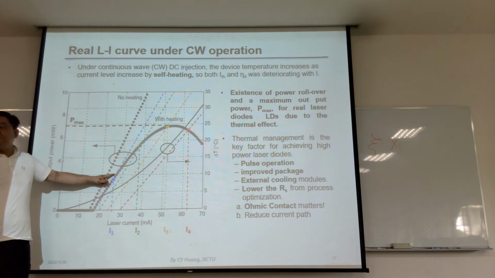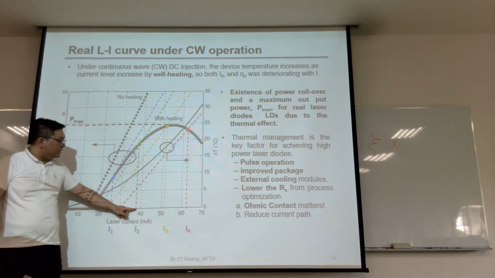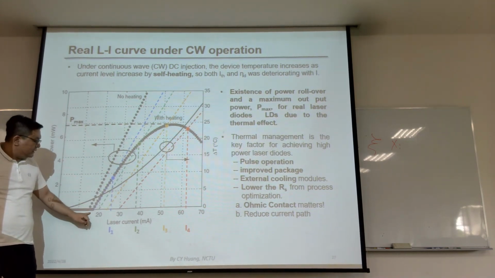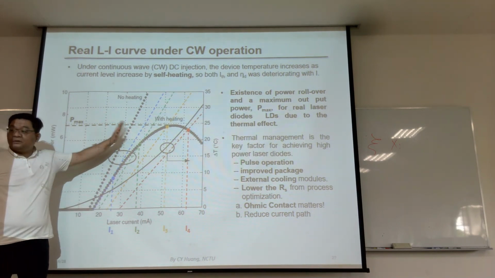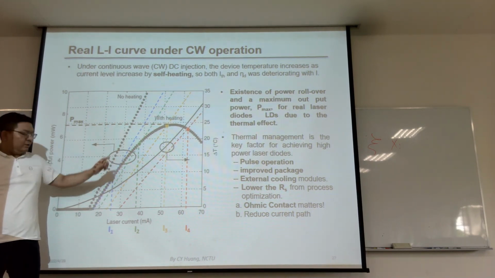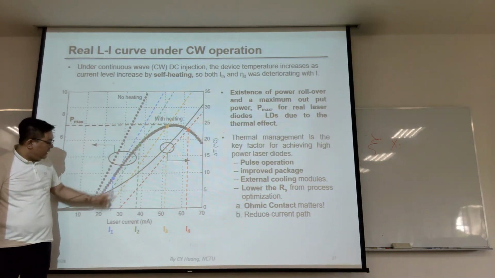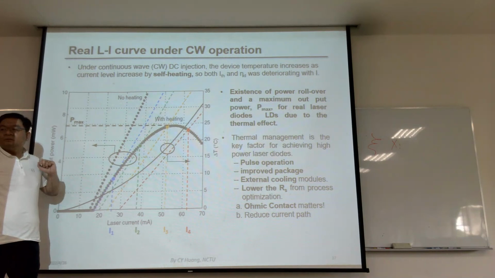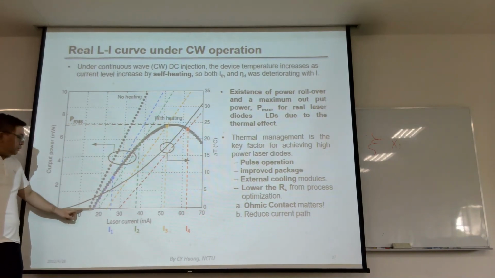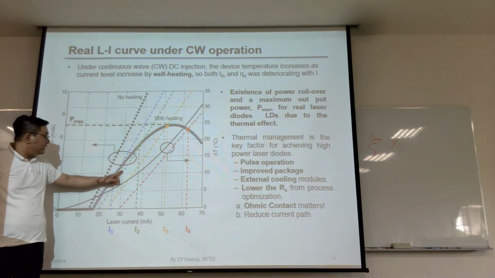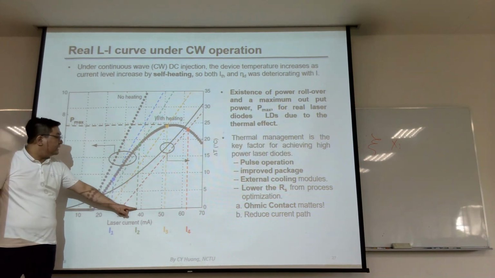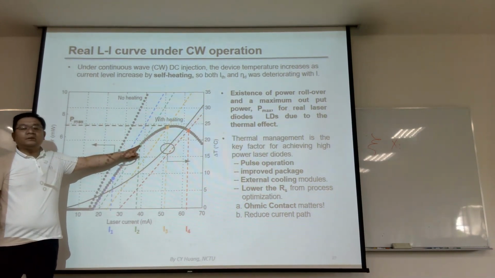It's only true for this point. Because while you're increasing more current, the zeta, the threshold current, and the slope will change again. So it is only true for a new line at such a point.